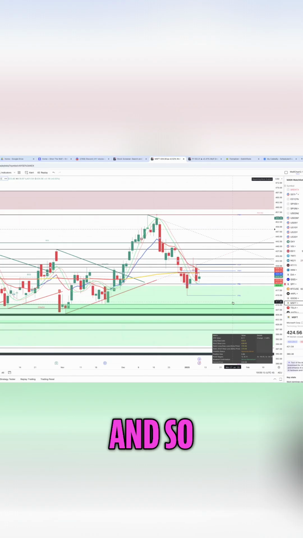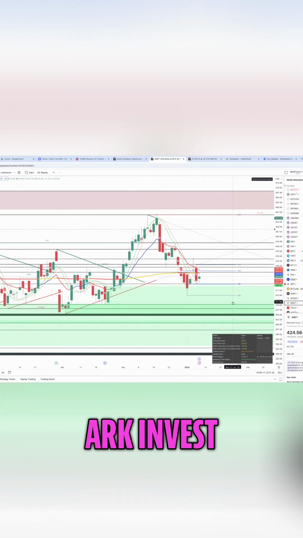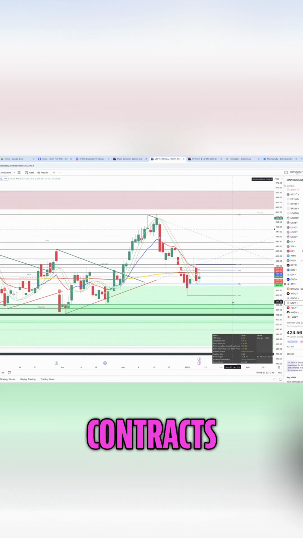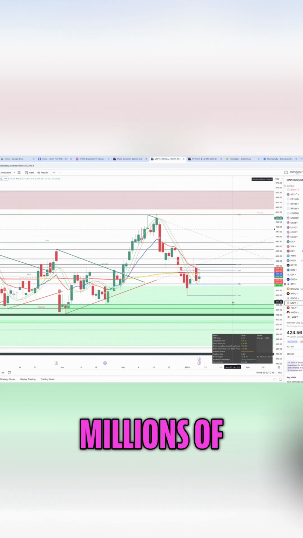When companies like ARK Invest, with Cathie Wood that buys a lot of Tesla, or Berkshire Hathaway with Warren Buffett, buy shares of a stock or option contracts, they buy millions of shares at a time sometimes, right?